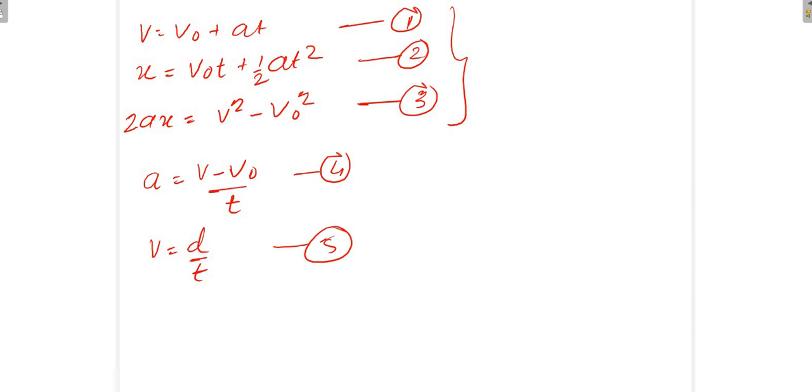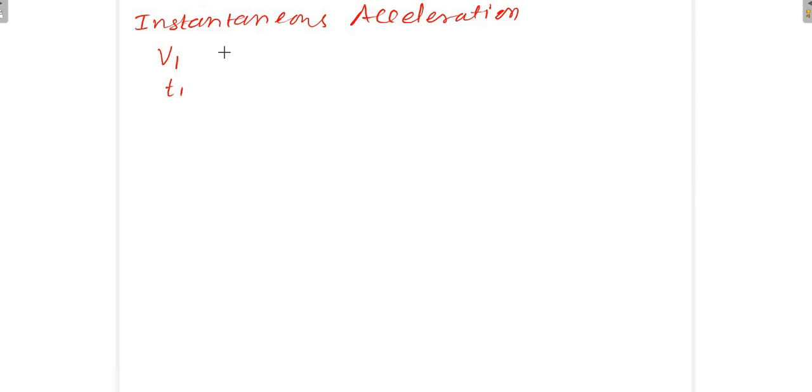In addition to that, we had not discussed the concept of instantaneous acceleration. So suppose for a particular time duration, I know what is velocity v1 at time t1 and velocity v2 at time t2.